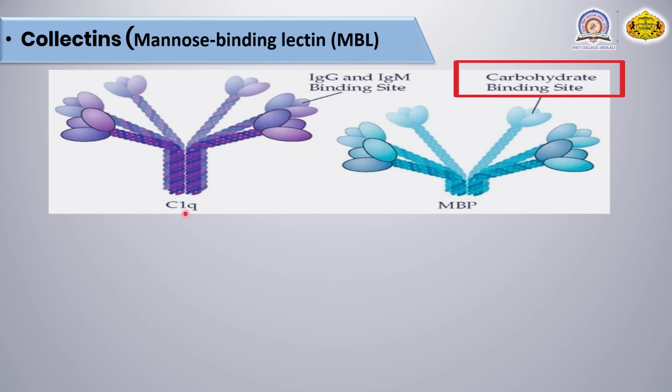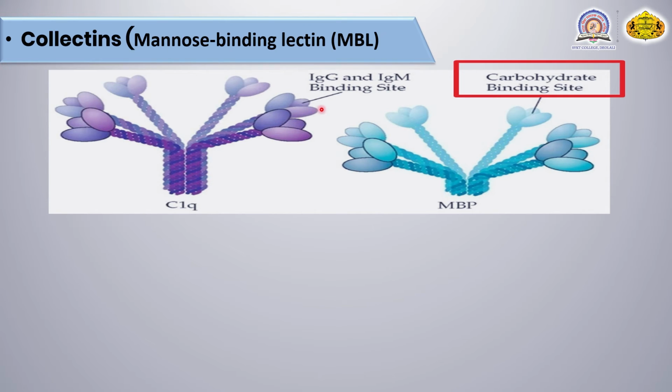This C1Q is one particular component of the complement, which is proteinaceous and polymeric in nature. It has a complex structure, and on the tip of this complement component there is a binding site. This binding site is responsible for binding to IgG and IgM type of antibody.